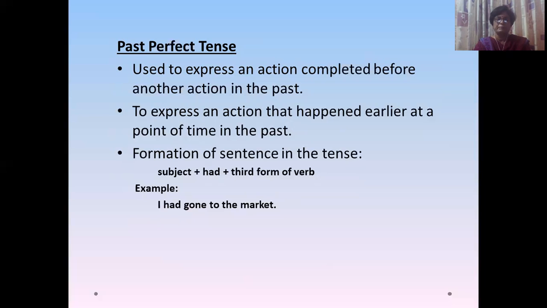So again, I'm dealing with the same sentence which I had given in the past indefinite tense: I went to the market. In past continuous, it was I was going to the market. Now in past perfect tense, we'll say I had gone to the market.